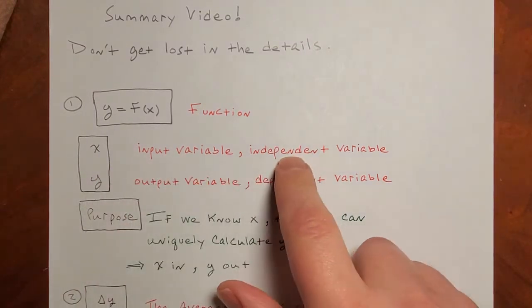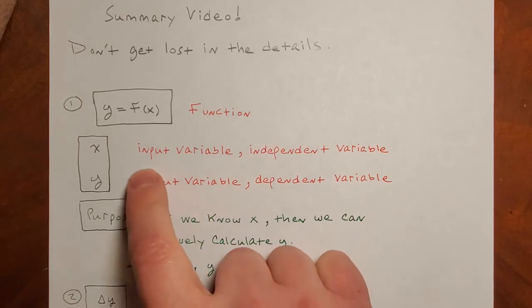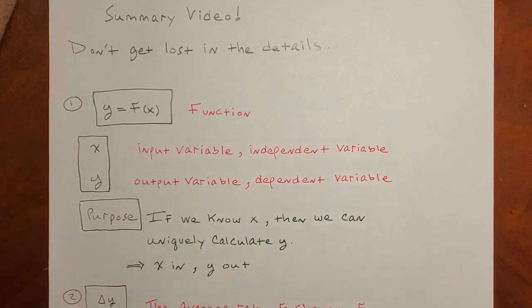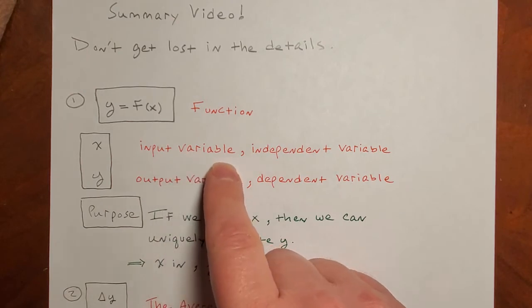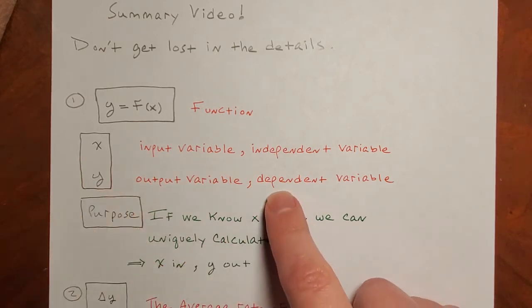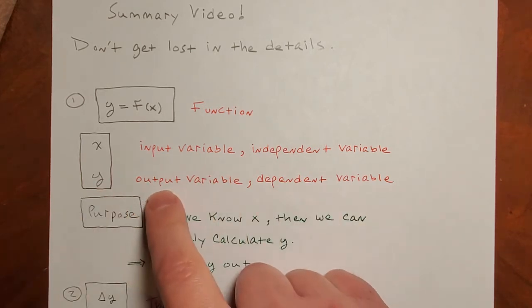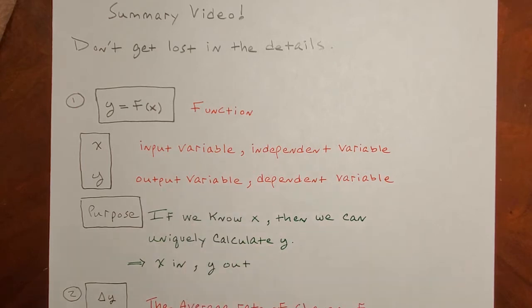X, I guess the correct name for that is the independent variable. I often call it the input variable. I don't know that anybody else does that, but it seems like the right term to describe what it does. And y, I guess the proper term for that is dependent variable, but I usually call it the output variable because it seems like a good name for it. So that's what a function is.